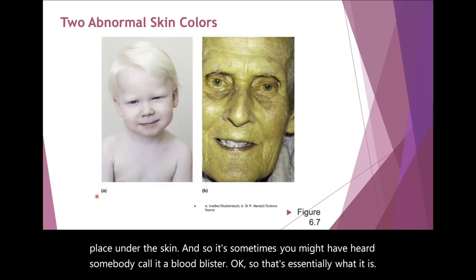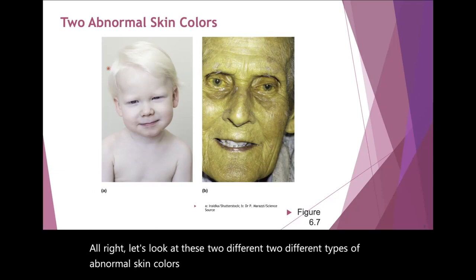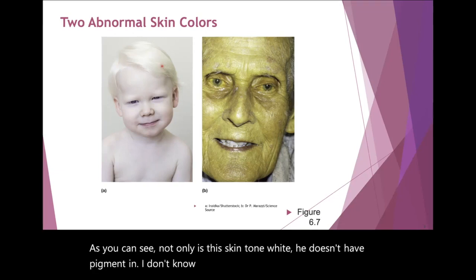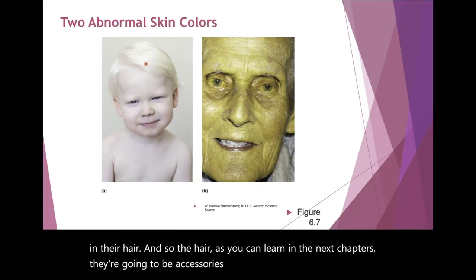All right, let's look at these two different types of abnormal skin colors. This is an example of somebody with albinism. As you can see, not only is his skin tone white, he doesn't have pigment in, I don't know if it's a girl or a boy, they don't have pigment in their hair. And so the hair, as you can learn in the next chapters, is going to be an accessory to our skin.